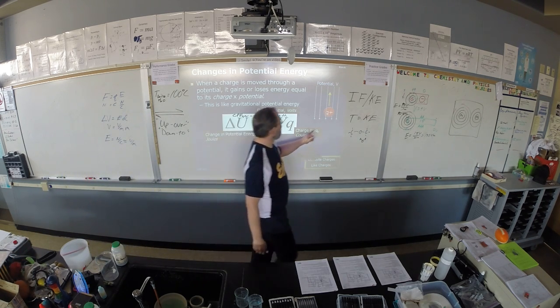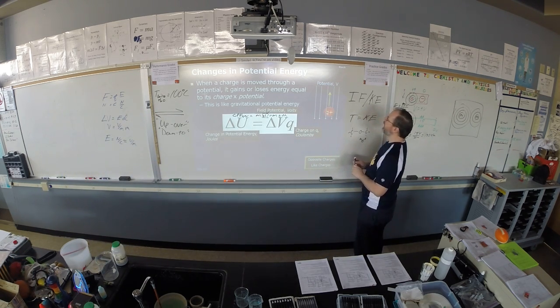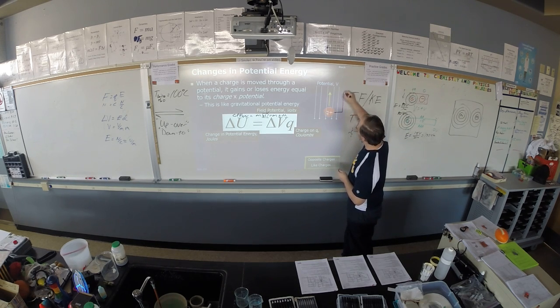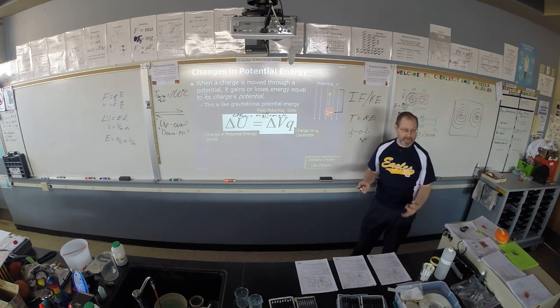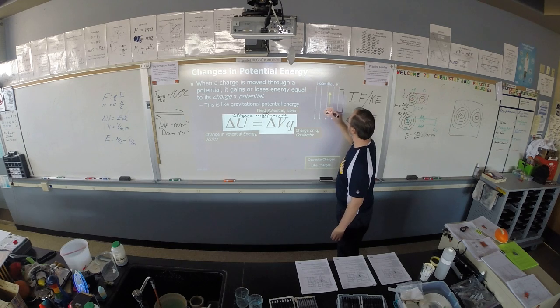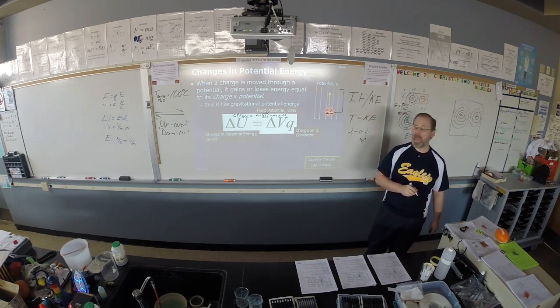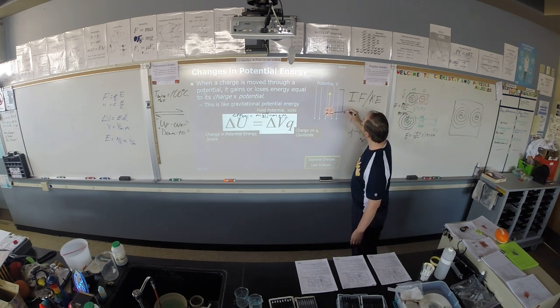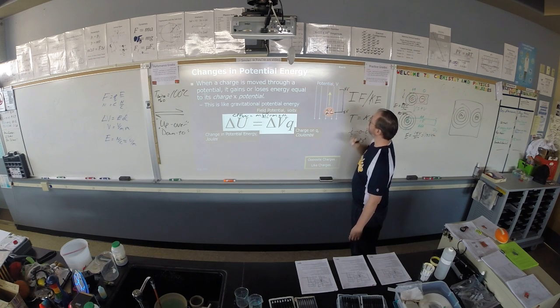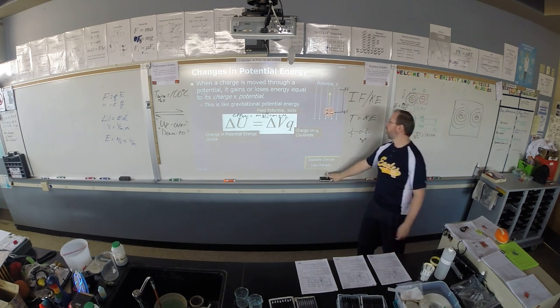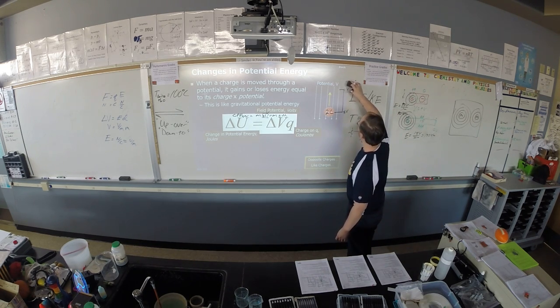You take the charge of the charged particle and you just push it through a potential. So let's say this is a 2 coulomb charged particle, and I'm going to push it from 8 volts to 1 volt.